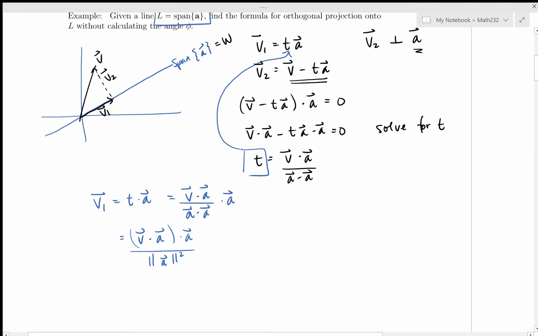And that is V1, our orthogonal projection.